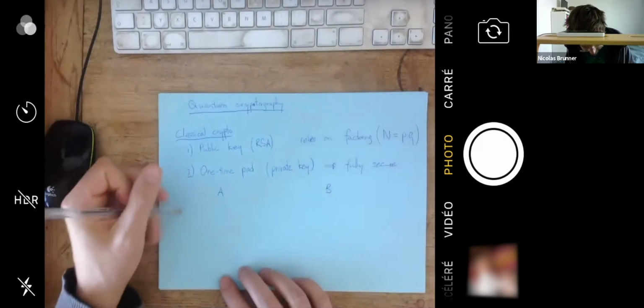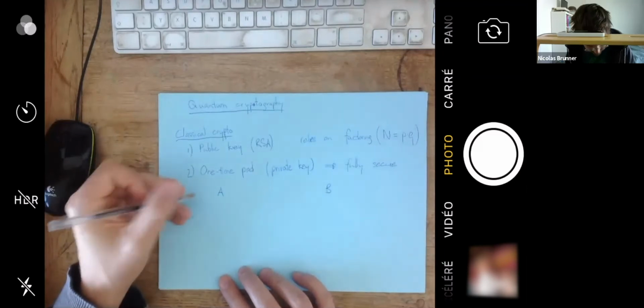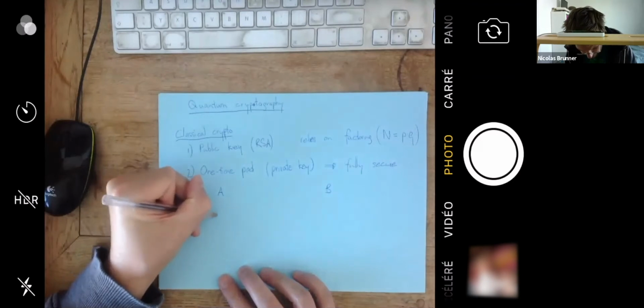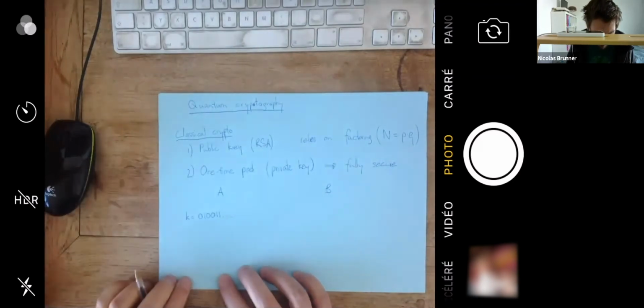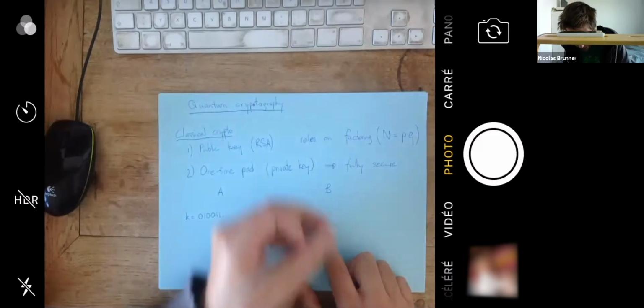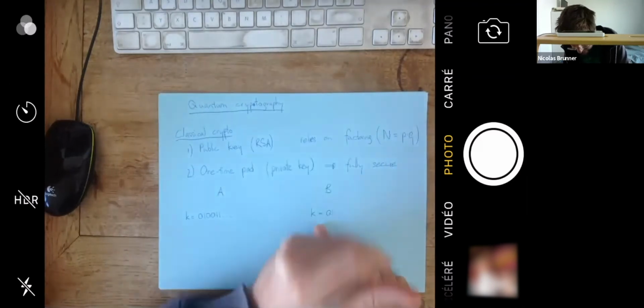So what this means is that I have a key which I will represent in binary notation. So this is a string of bits. Let me write something like this here. And this key is private and will be shared by both A and B. So let me recopy it here.